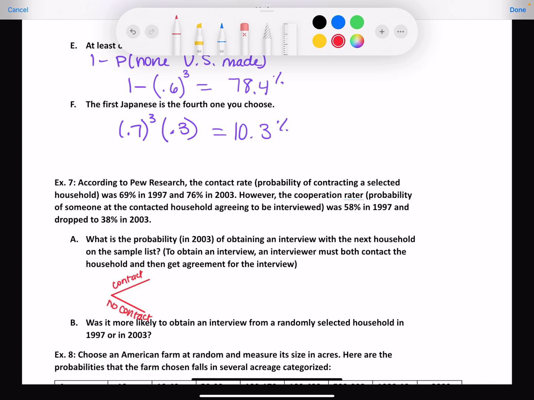All right, so the percentage of contact for 2003 was 76%. And then no contact is whatever's left over, so 24%.